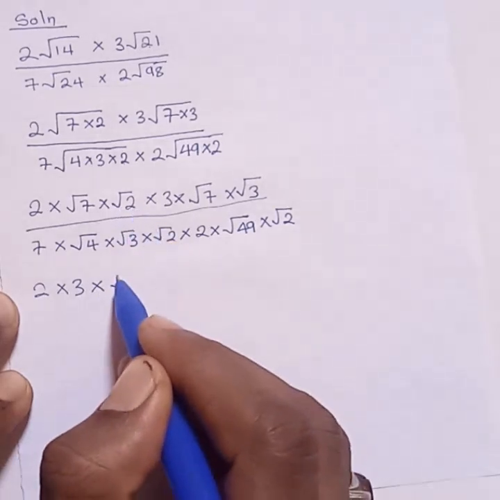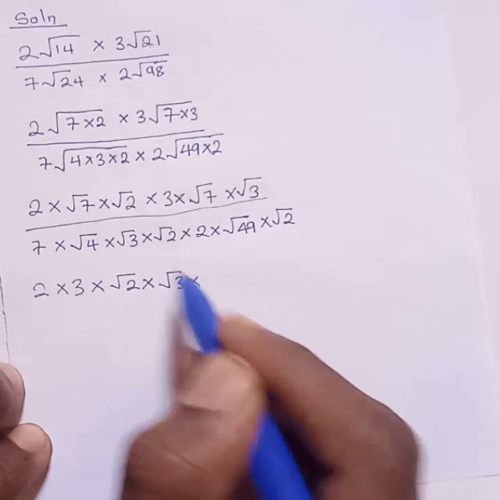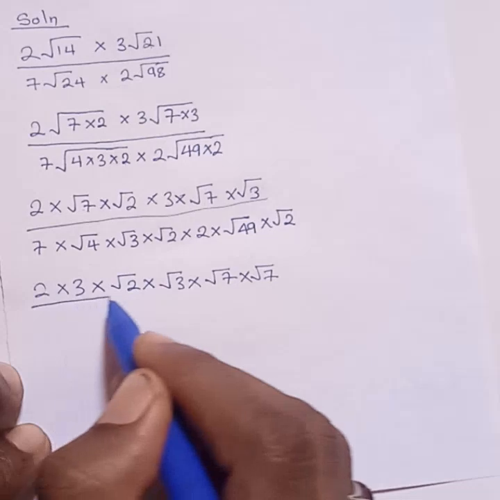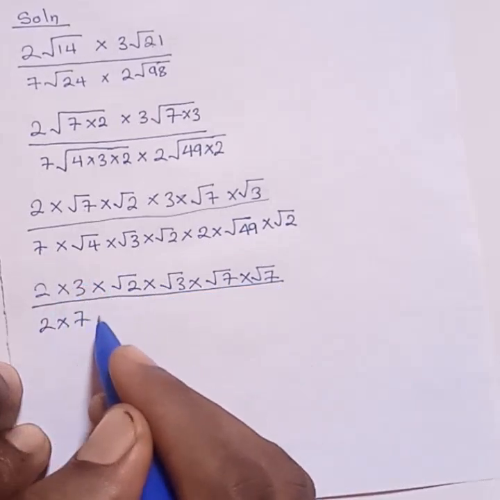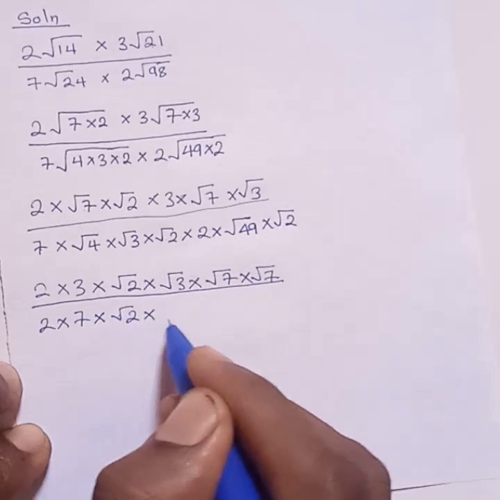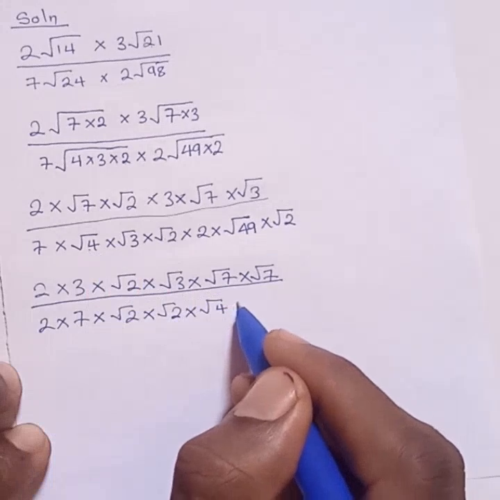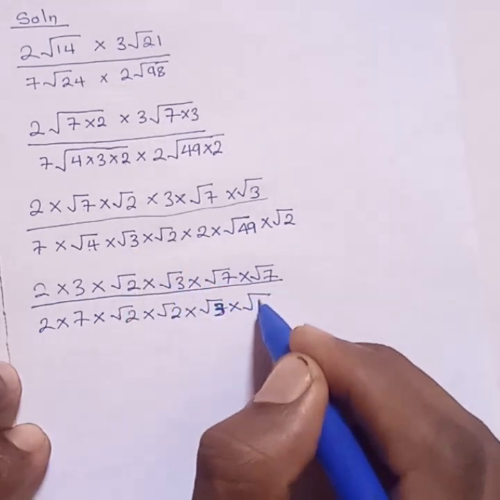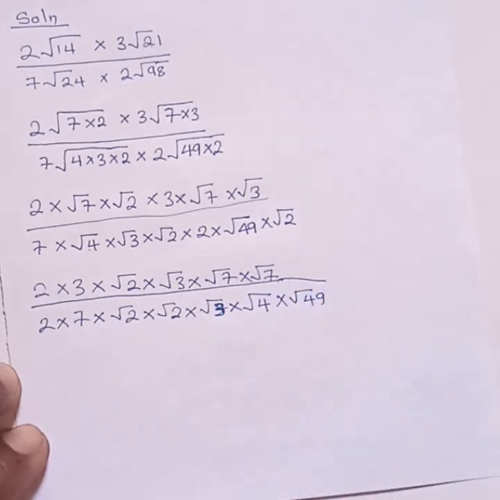Multiplied by square root of 2, multiplied by square root of 3, multiplied by square root of 7 times square root of 7, over, here we have 2, I can bring 2, multiplied by 7, then multiplied by square root of 2 times square root of 2, times square root of 3, times square root of 4, times square root of 49. Am I right? Now let's continue.